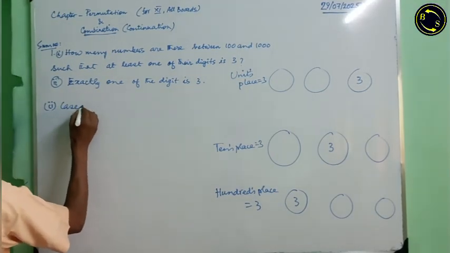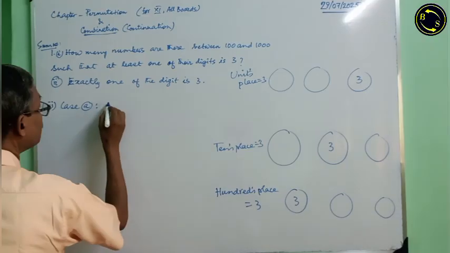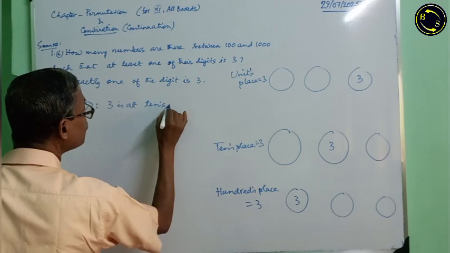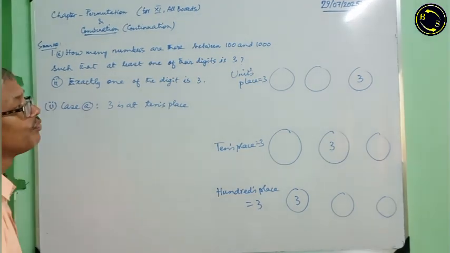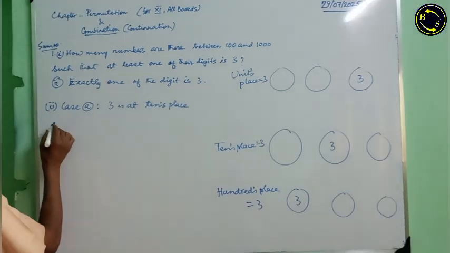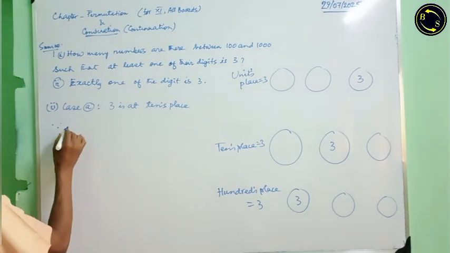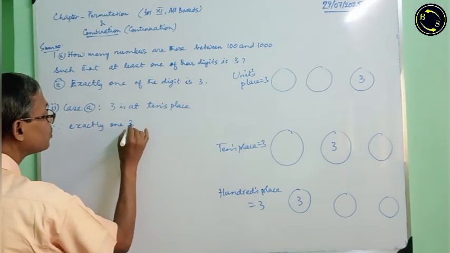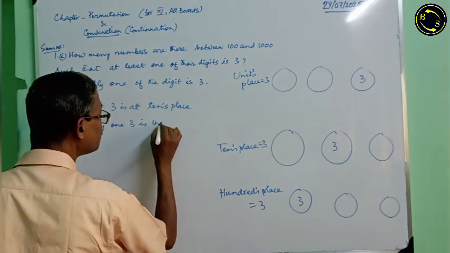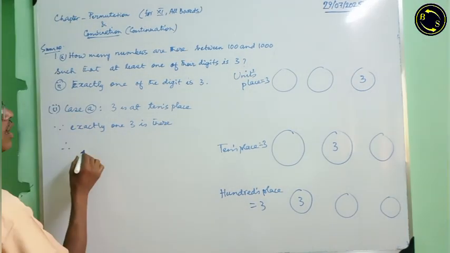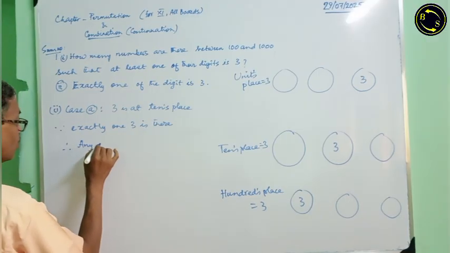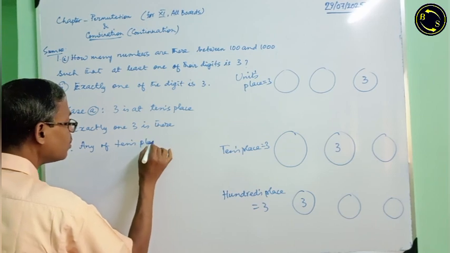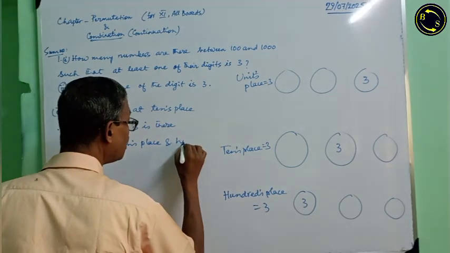Case A, 3 is at the units place. Since exactly one 3 is there, any of the tens place and hundreds place can be filled in.